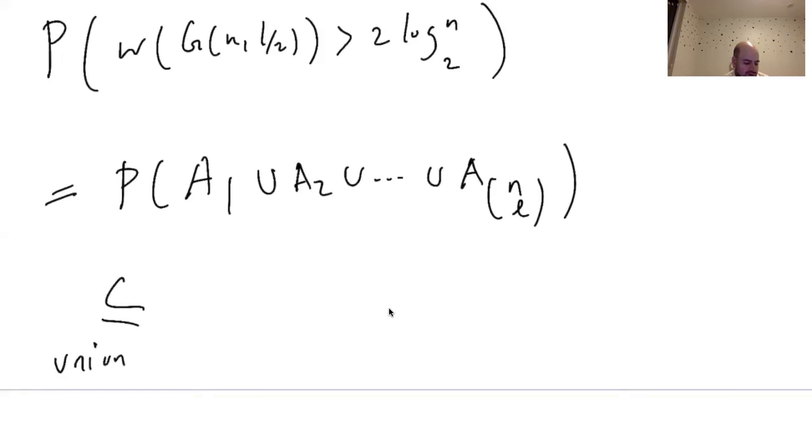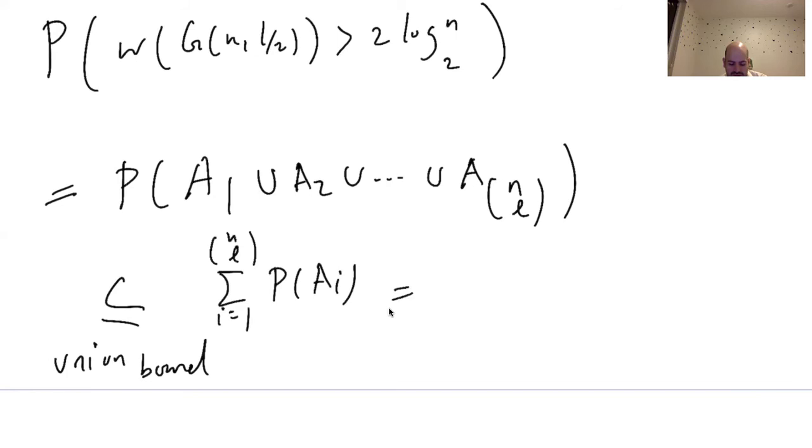Again, we applied a similar technique last time, if you remember. This is less than or equal to sigma P of A_i, i from 1 to n choose L, and each of these P of A_i we said is 1/2 to power L choose 2.